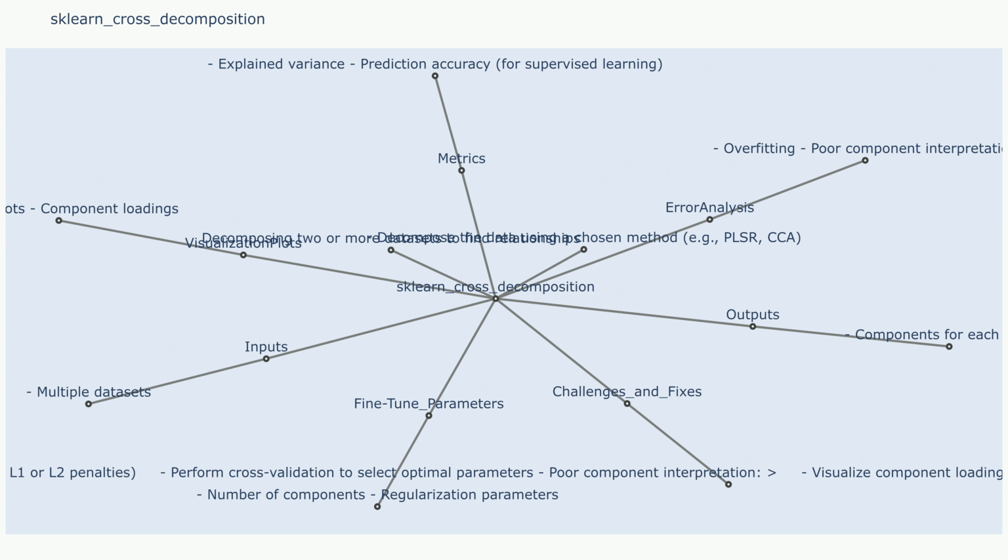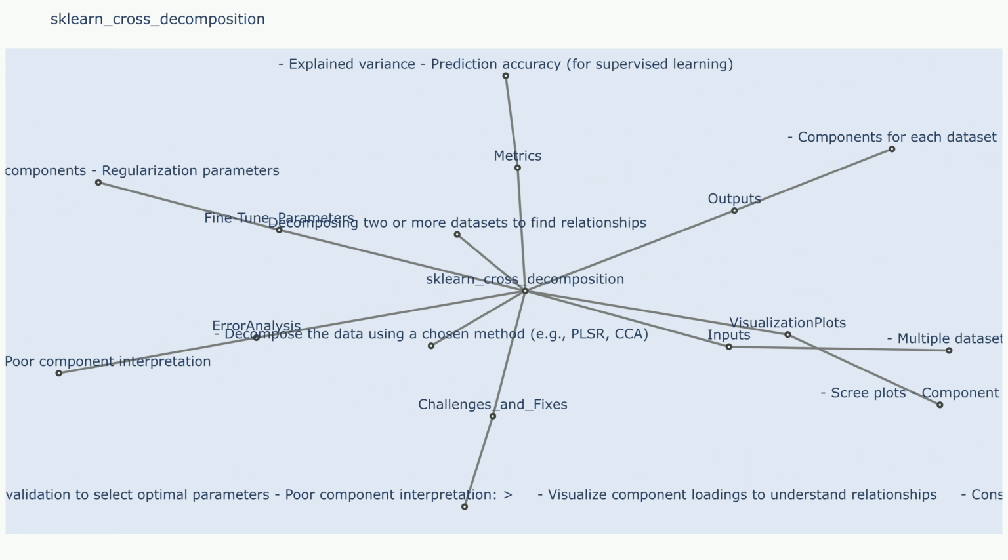The original datasets are projected onto the extracted components, resulting in lower dimensional representations that highlight the shared information. Metrics. Metric 1, Explained variance ratio. This metric quantifies the proportion of variance in the original datasets that is captured by each component. Higher values indicate that the components are effectively capturing the shared information.